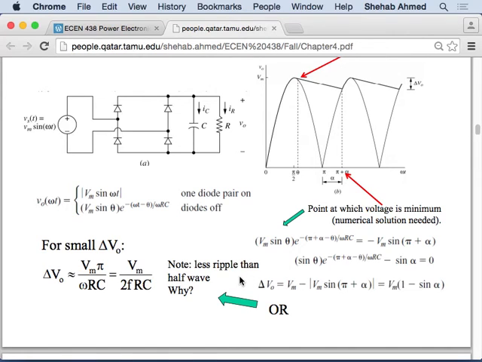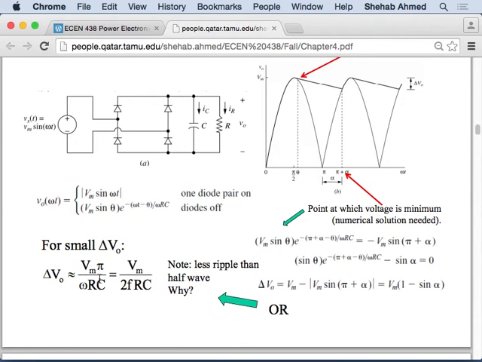Or if in the homework they tell you that the time constant of the RC circuit was chosen such that ripple is only 5%, or 10%, or the time constant is like 5 tau, 10 tau, large, then the capacitor will not discharge except after 10 time constants, 20 time constants. It's fine. Then you can use the approximation because delta V is small.